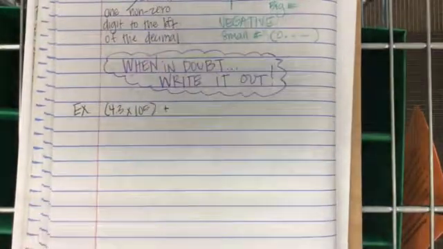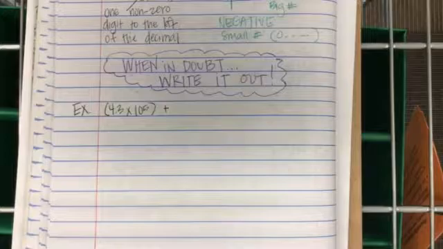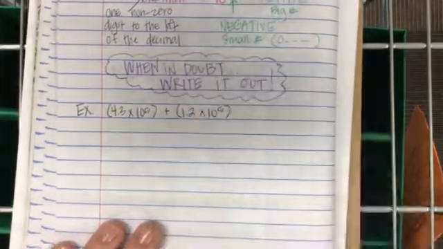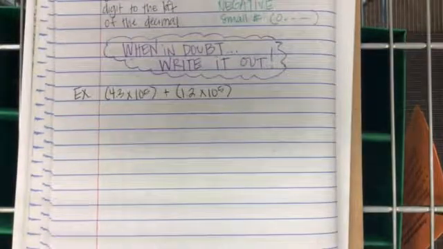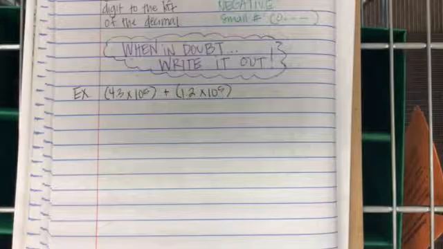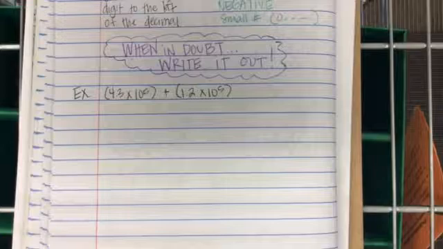And I'm adding 4.3 times 10 to the 5th to 1.2 times 10 to the 5th. Now here's my dilemma. I don't know what to do. We haven't had any rules yet. We've just got this problem. So let's pretend we don't know what's going on. When in doubt, write it out.